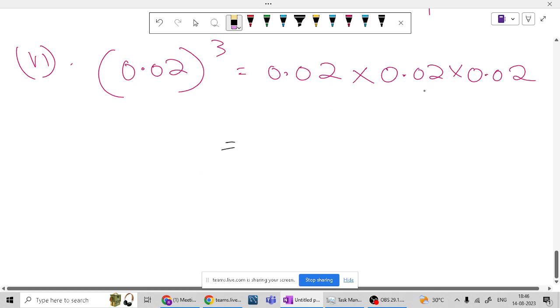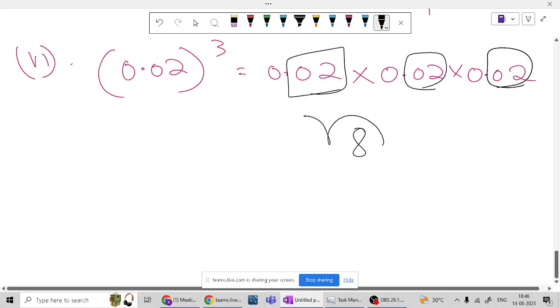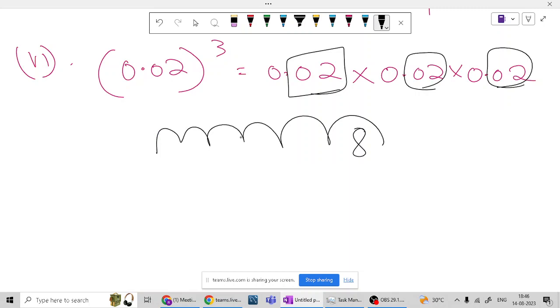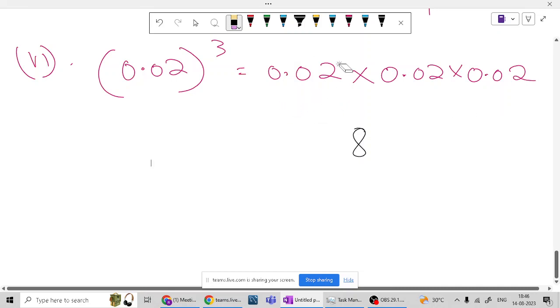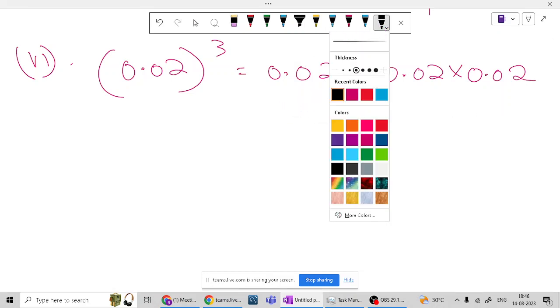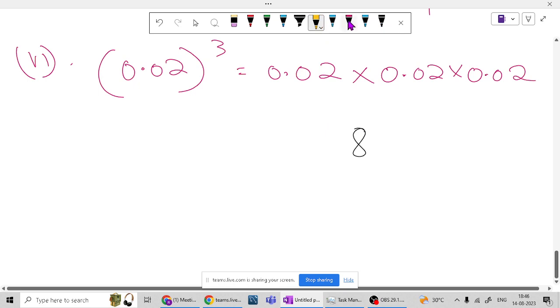Okay. Just multiply the numbers. 2 2s are 4, 4 2s are 8. Next. Total how many decimal places do you have to place back? 2 here, 2 and 2. 6. 1, 2, 3, 4, 5, 6. After the point, how many decimal places? 6, right?